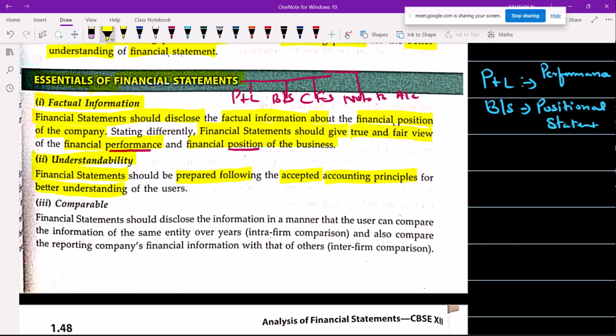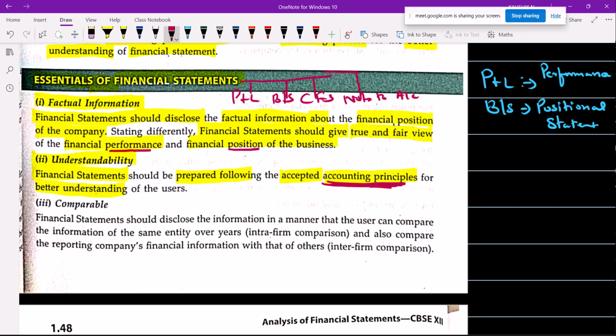It says very clearly you need to adhere to the accounting principles, that means policies. What are the accounting principles that we learned in grade 11? All the accounting principles must be rigorously followed when you are preparing the financial statement.